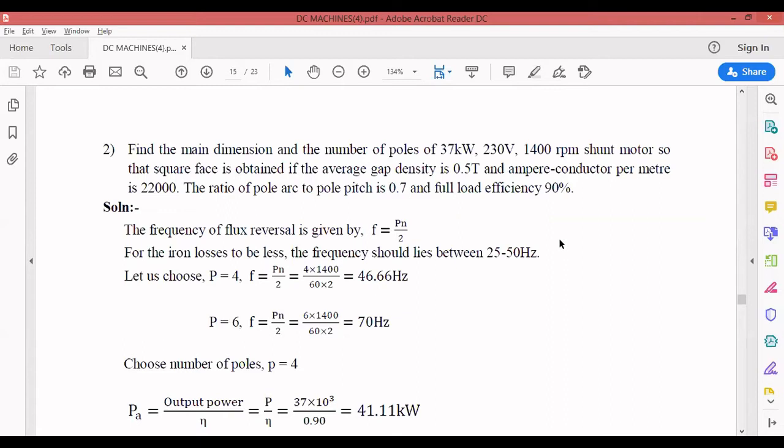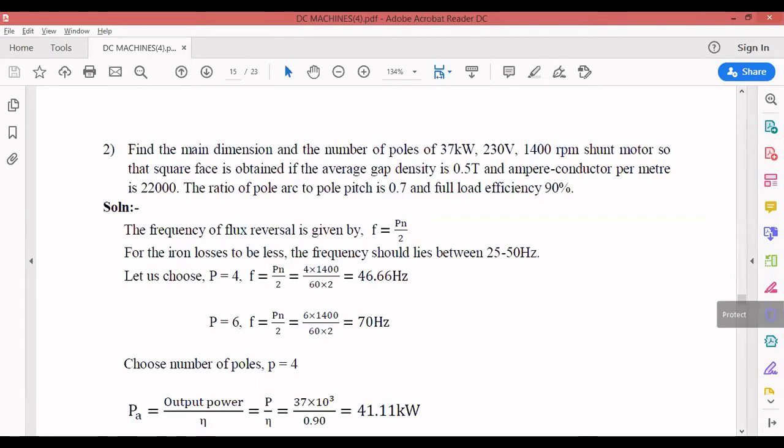I think in the last class I explained the factors to be considered for selection of number of poles. The first factor is the frequency. The frequency of DC machines should lie between 25 to 50 hertz, because if you increase the number of poles, the frequency increases, then there will be more flux reversal, and definitely more iron losses, nothing but the eddy current loss and hysteresis loss in your armature.